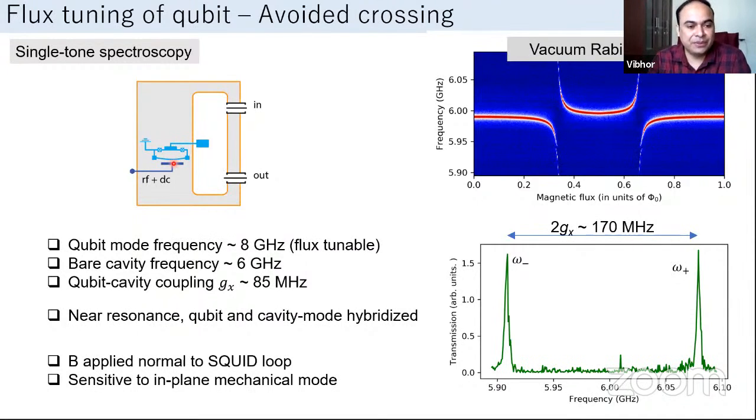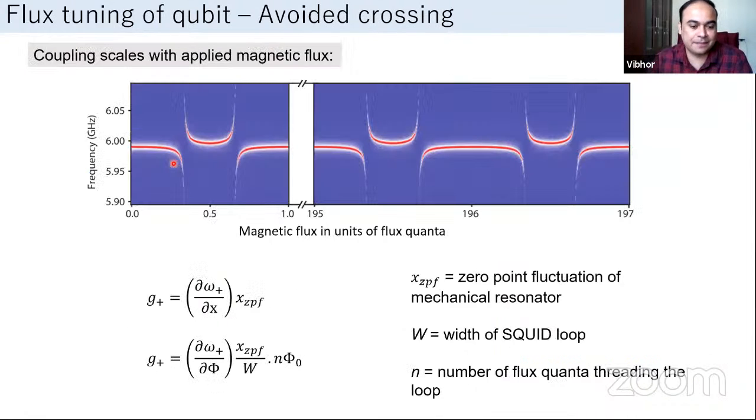Okay, so before I get to the point where I explain how to do characterization of the mechanical resonator, let's take a better look at understanding the optomechanical coupling in this system. It turns out that the optomechanical coupling in this system is proportional to the total flux which is applied, or, alternatively, how many magnetic flux quanta are threaded by this SQUID loop.